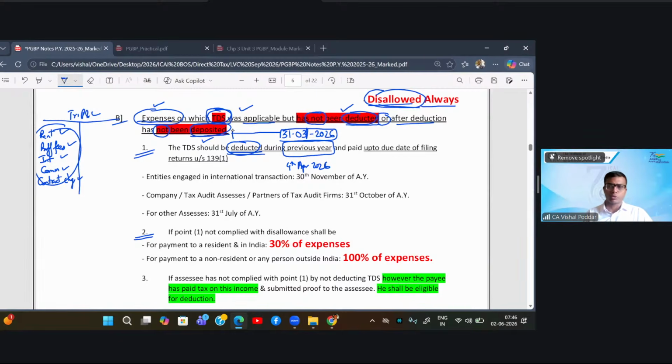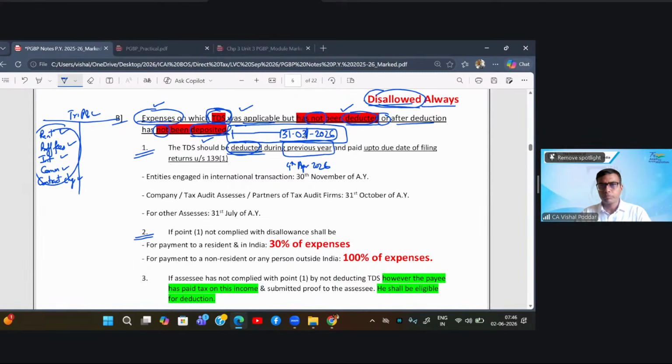Correct, students? So the first technical point to be checked in this section is when the TDS was deducted. This will be required if, in the question, in the adjustment, they have specified the date. You have to only check one thing in the date, that the TDS should have been deducted any time during the previous year, that is latest by the last day of the previous year, which is 31st March 26 in our case for this exam.